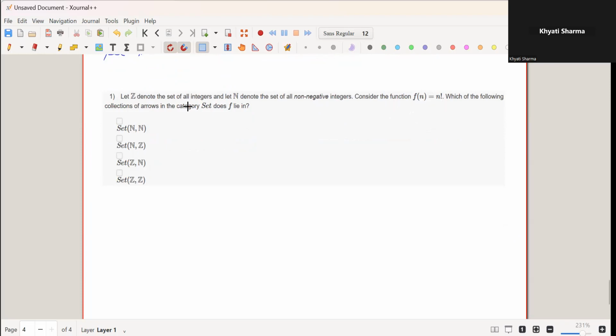Which of the following collection of arrows in the category Set does f lie in? So you have the category Set, and one has to say what is the domain and what is the codomain.